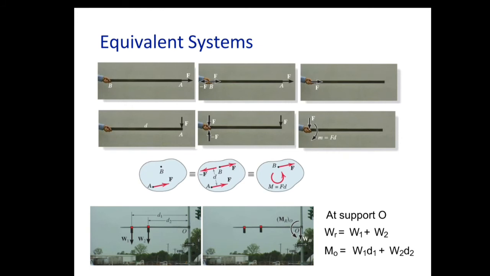So let's move towards the equivalent system. In the first figure we can see at B we have attached a rod, and at A we have applied a horizontal force. For balance of this force, if we apply a force at B, it will be equal and opposite, but there will be no generation of moment.